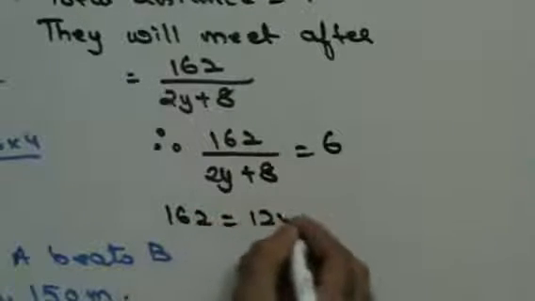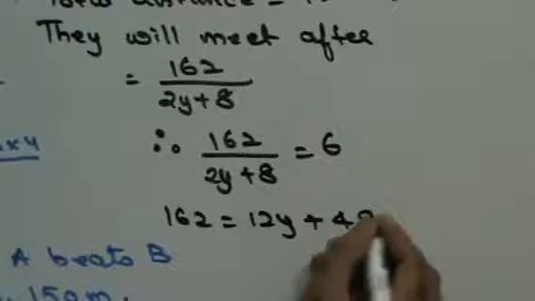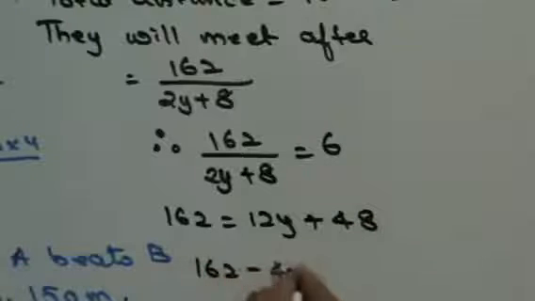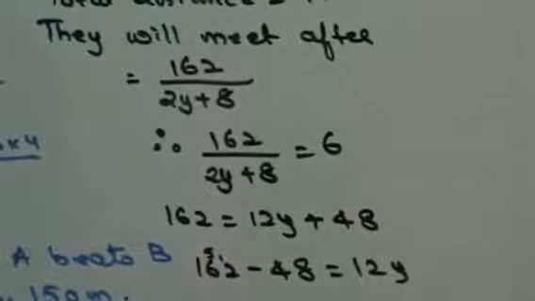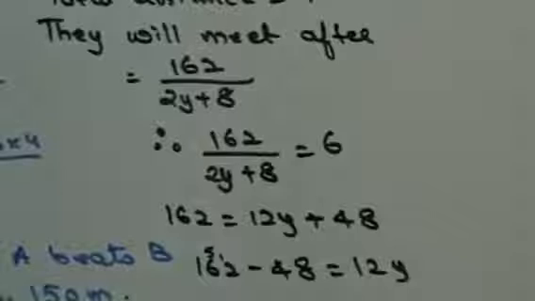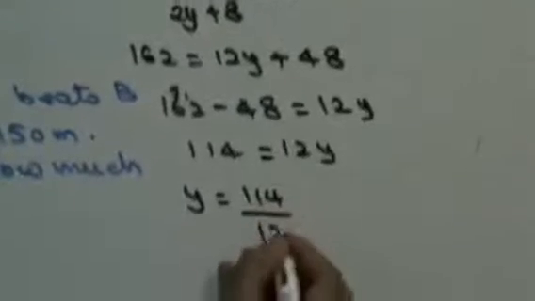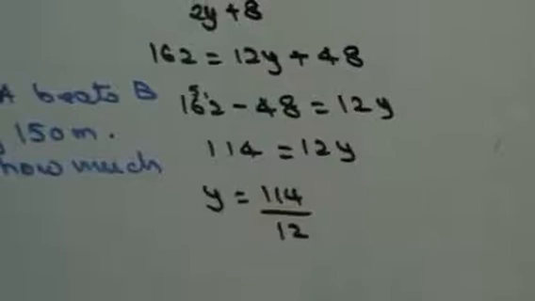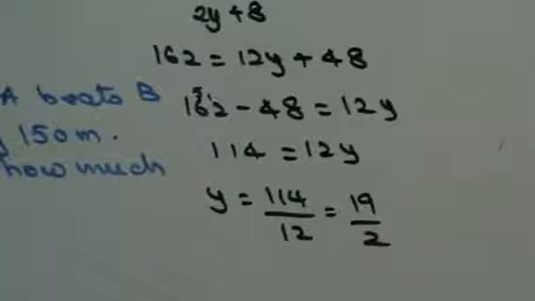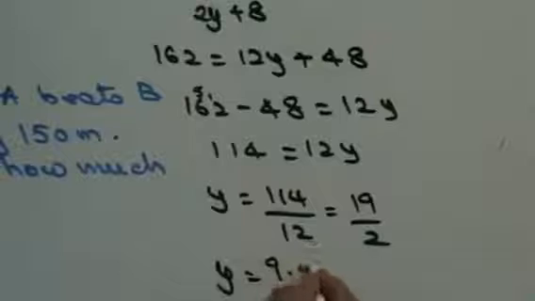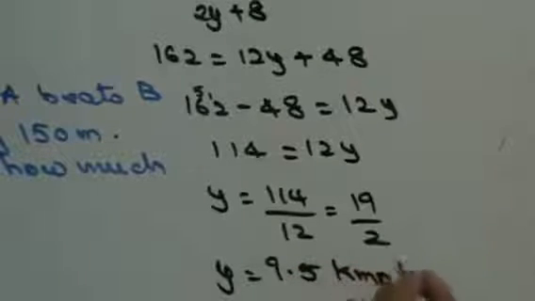162 is 12y plus 6 8s are 48. 162 minus 48 is 12y. So this is going to be 114 is 12y. y is 114 upon 12, that will come up to 19 upon 2, 9.5 kilometers per hour.